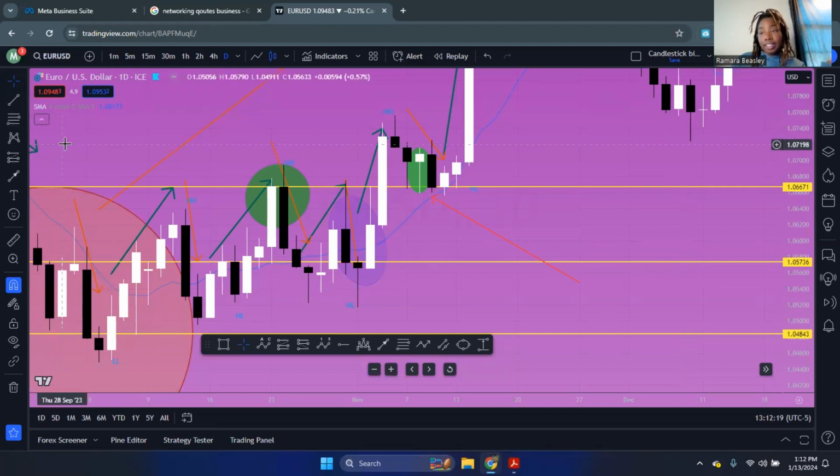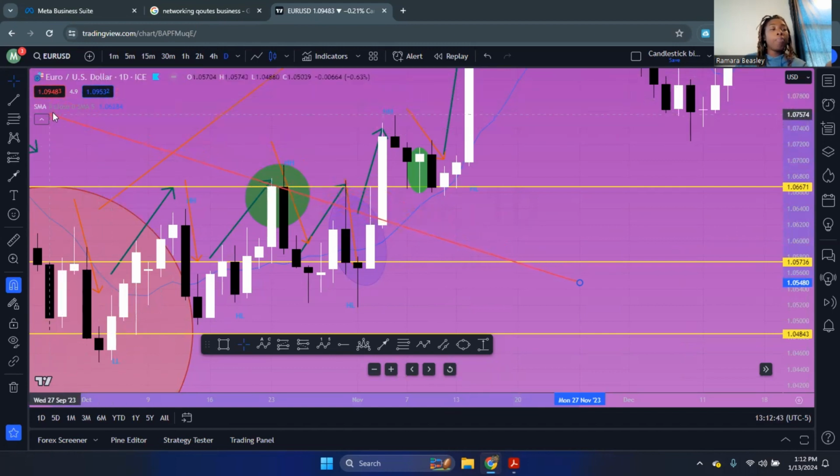Now we need to change this to 21 because in the candlestick Bible, it says to use the 21 moving average. So how do you do that? Once you click on indicators, that moving average is going to pop up on the left-hand side, right up under your pair that you're trading.